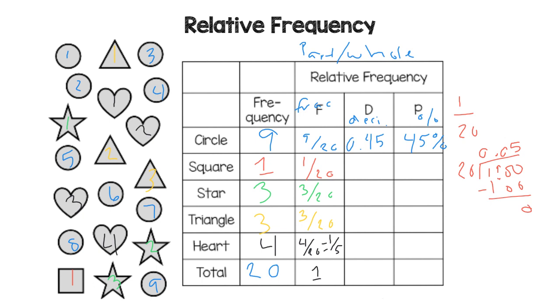So our answer, 1/20th, is equal to 5/100. So our decimal is 0.05. And again, we're going to take this decimal and move it 2 places to the right to get our percent. And our percent is 5%.